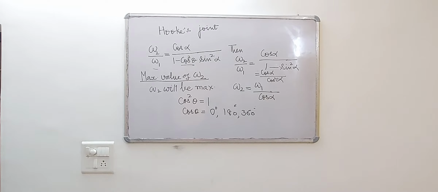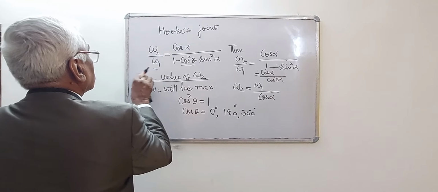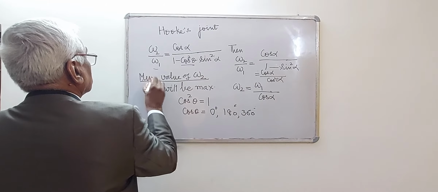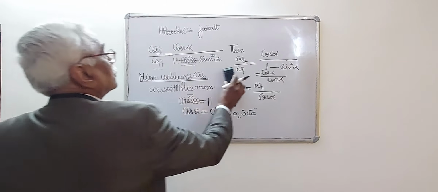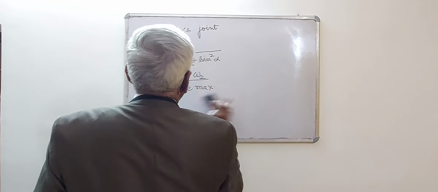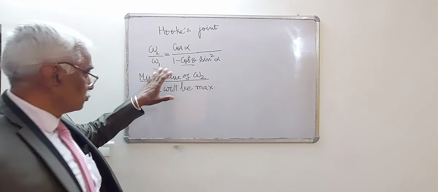Now, the speed of the driven shaft will be minimum when we look at the expression for the minimum value of omega 2.